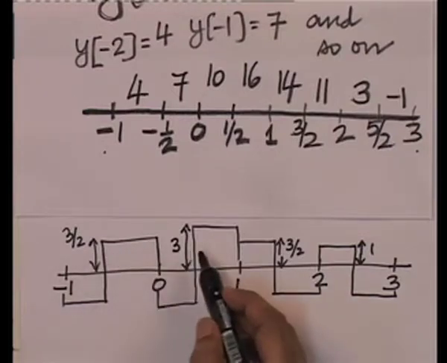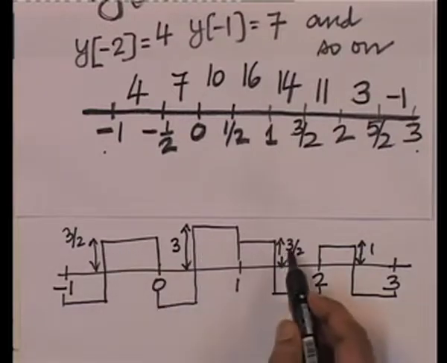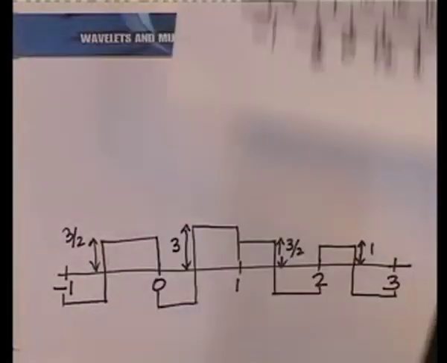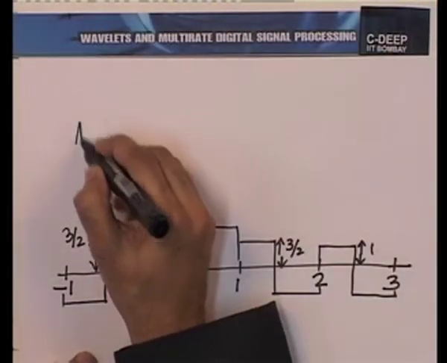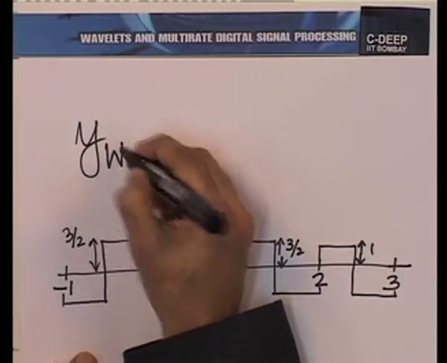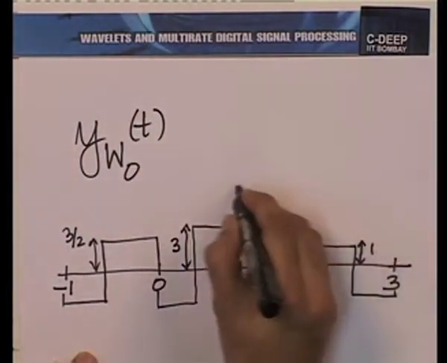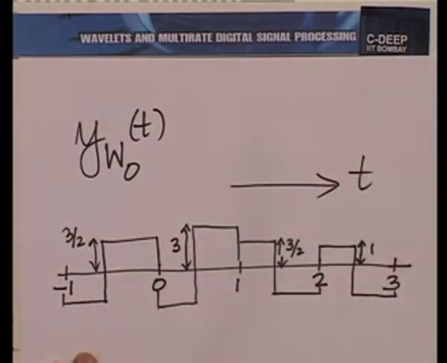Three by 2, 3, 3 by 2 and 1. So, this is the projection of y on the space W0 as a function of t. Simple.